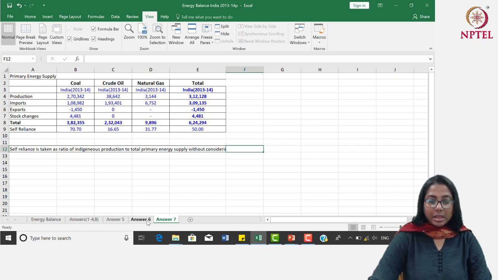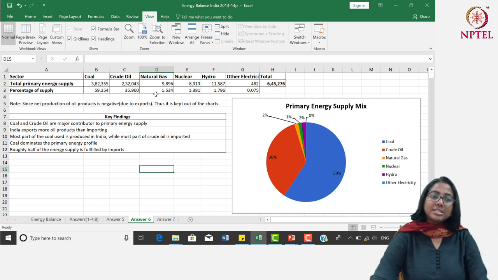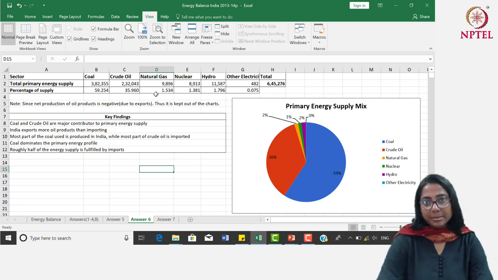If you come to question number 6, here also we have included crude oil, but we have not included oil product in the primary energy supply because it was coming with a negative sign, which may create confusion. The other thing is that this is coming through export and import, not through domestic production.